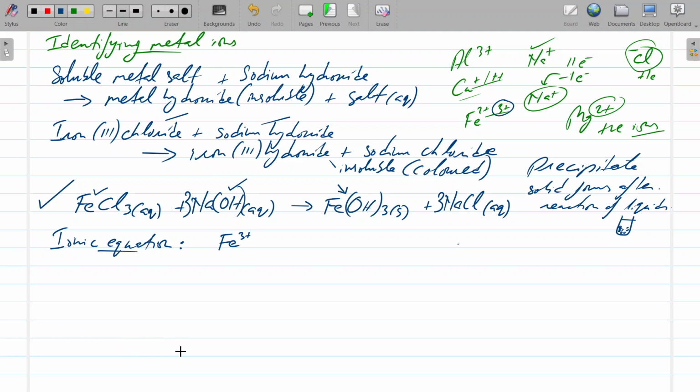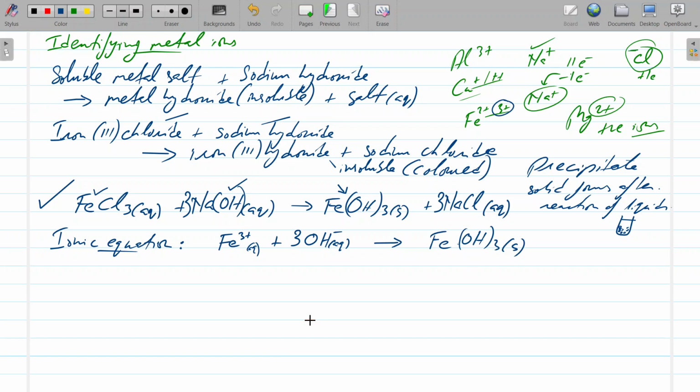And then you've got OH, which has a single negative charge, and you've got 3 of these. Both of these are aqueous, and you are getting Fe(OH)3, which is a solid.